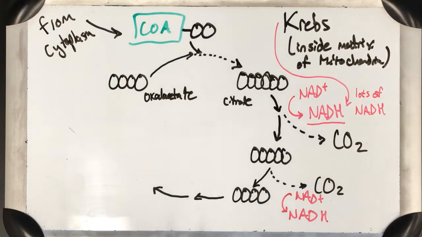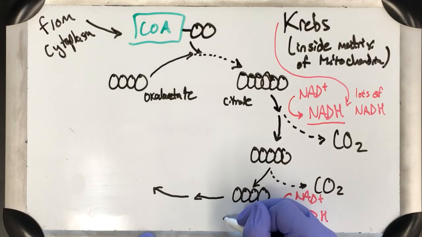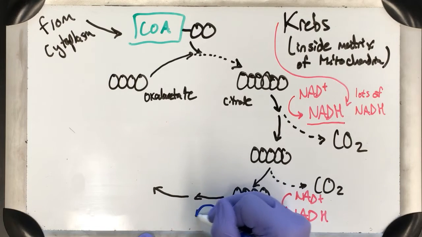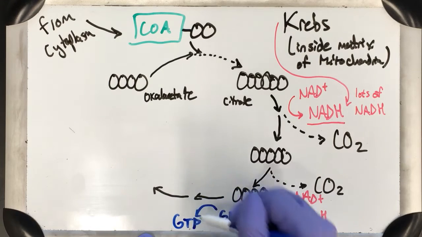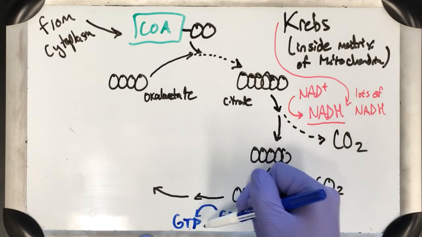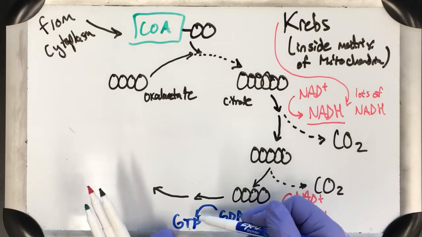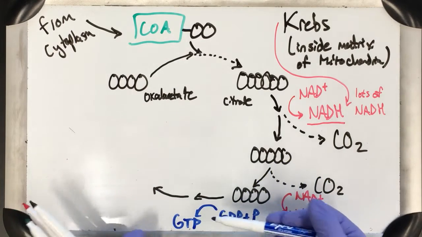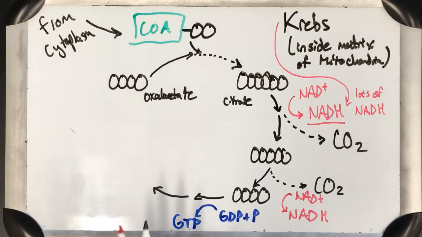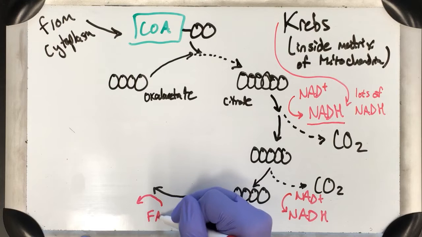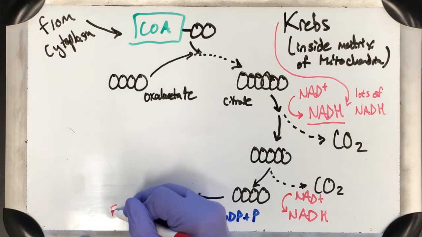There's 2 intermediate steps here, one in which we have a GDP plus Pi that can become a GTP. This is a lot like ATP and it powers some molecules. So it's a similar idea, it's energy essentially, but you can just treat it like an ATP for the most part for this class.